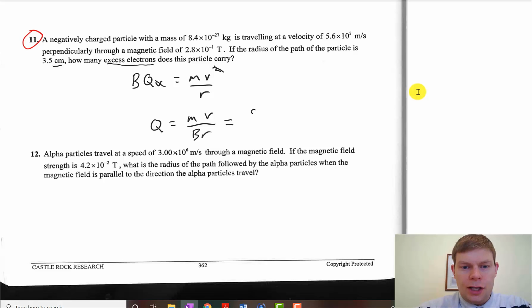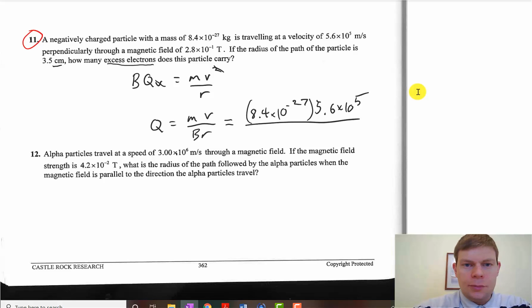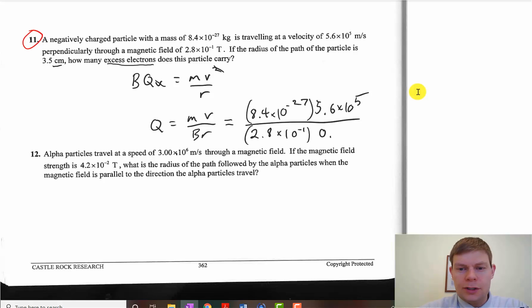So we've got our 8.4 times 10 to the minus 27 times 5.6 times 10 to the 5, all over our magnetic field strength, which is 2.8 times 10 to the minus 1, and our radius, which we convert to meters: 3.5 centimeters is the same as 0.035 meters.